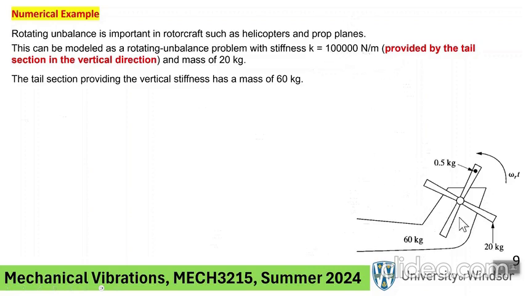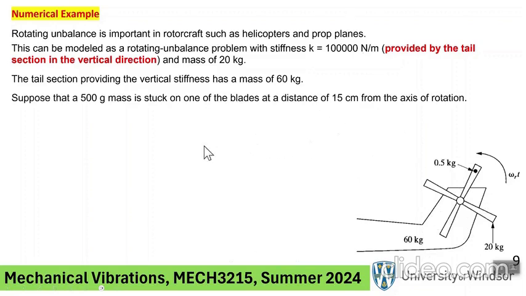Now, remember, when you think about this thing, as a very crude approximation, the tail section, we can view that it's a cantilever beam clamped at the left side and acting as a fancy spring on the right side.